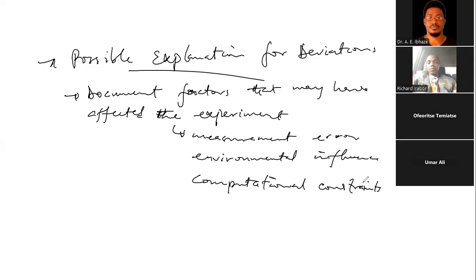So probably the specification of your system didn't match what will give you high-speed computation, so system requirement and all of that. Then you also want to document limitations or model assumptions.